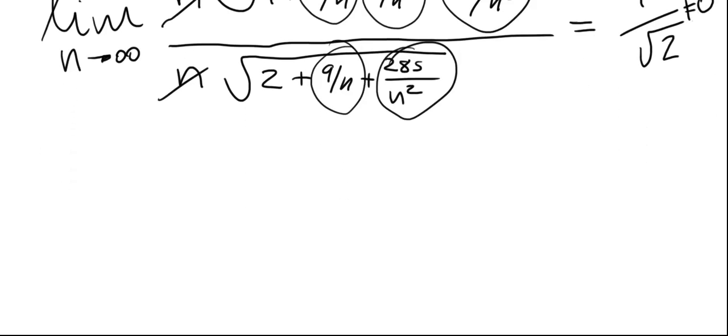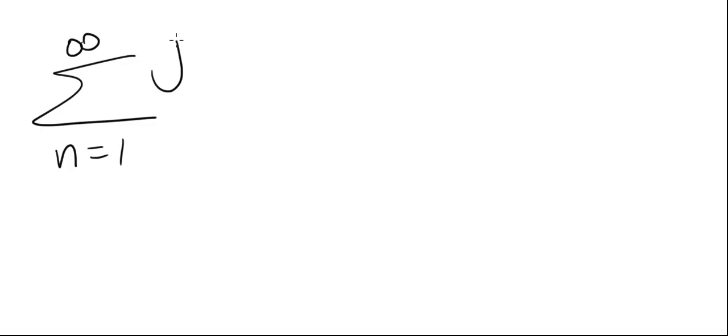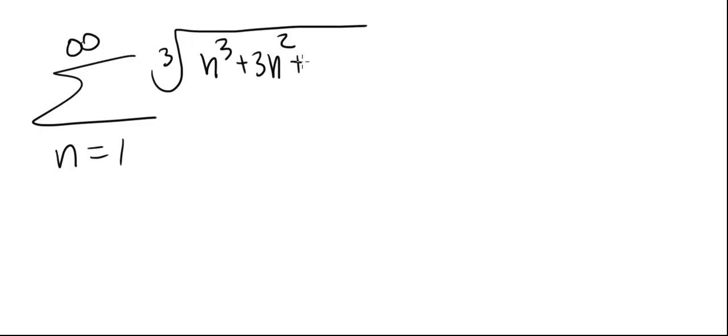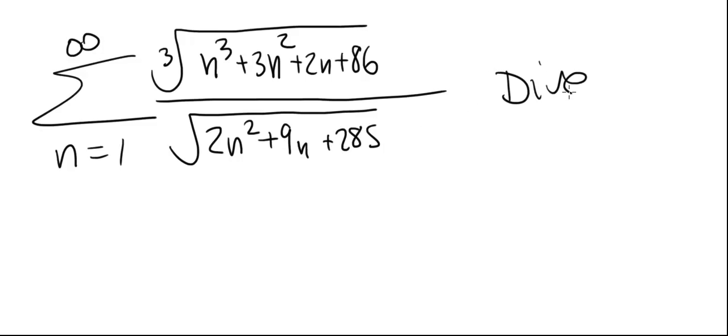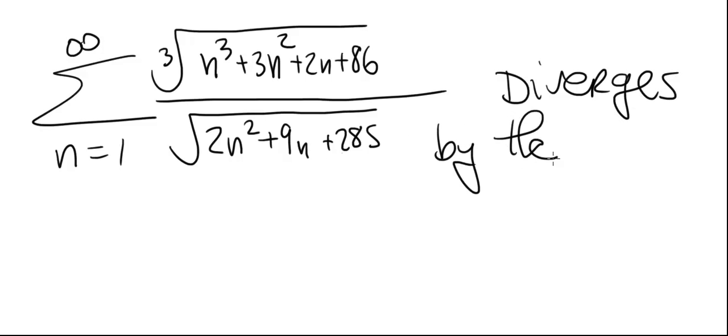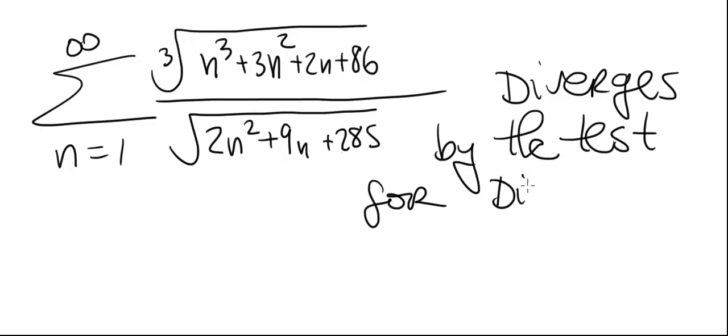If it isn't 0, we can now safely conclude that the series from 1 to infinity of the cube root of n cubed plus 3n squared plus 2n plus 86 divided by the square root of 2n squared plus 9n plus 285 diverges by the test for divergence.